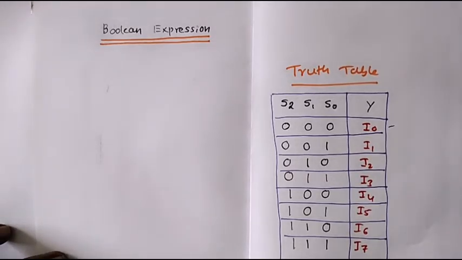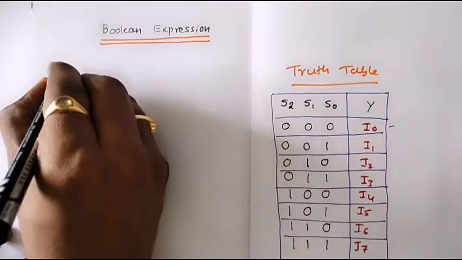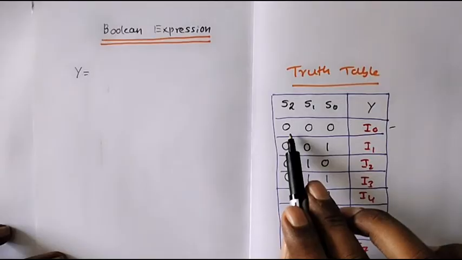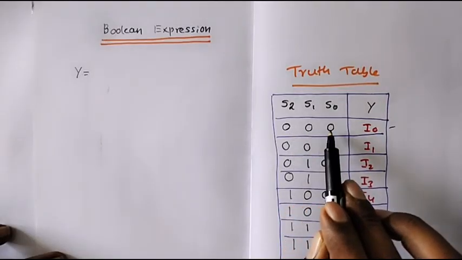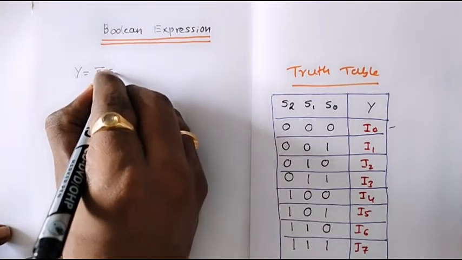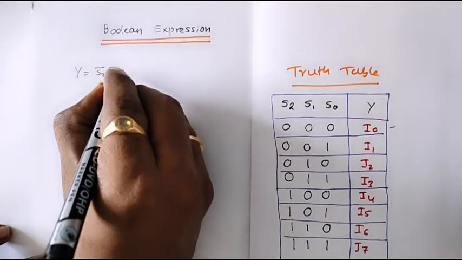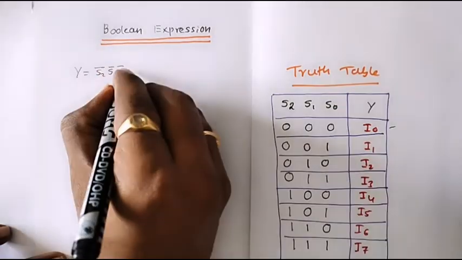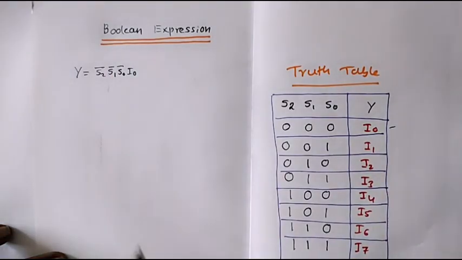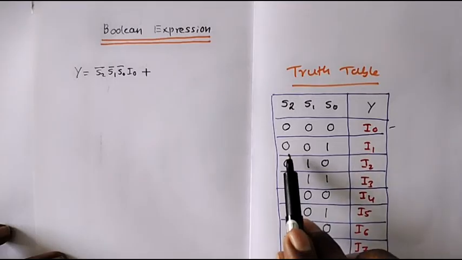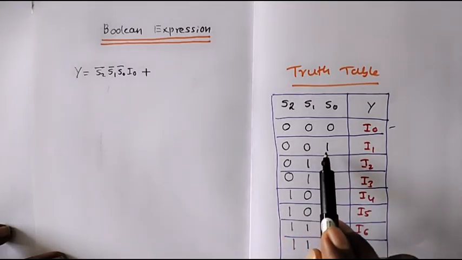Now using truth table, we'll write Boolean expression, that is Y is equal to, here S2 is 0, S1 is 0 and S0 is 0. So I can write it as S2 bar, S1 bar, S0 bar, and we have here output is I0, that is I0, plus the second term, that is S2 is 0, S1 is 0 and S0 is 1.